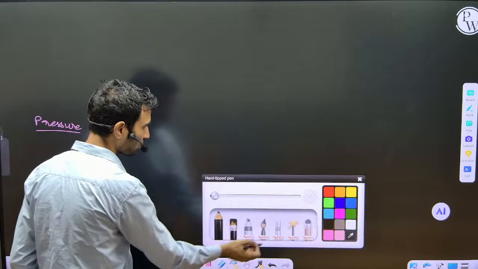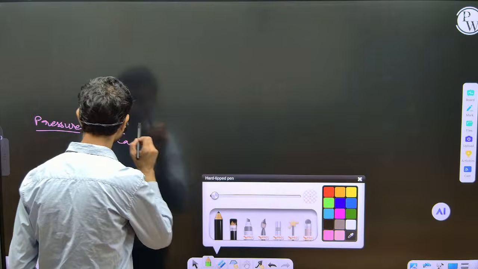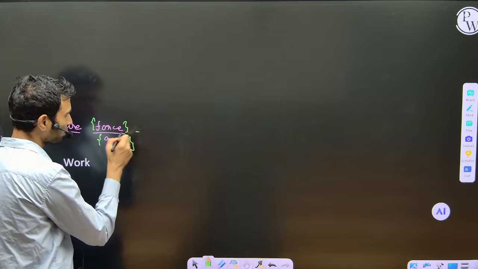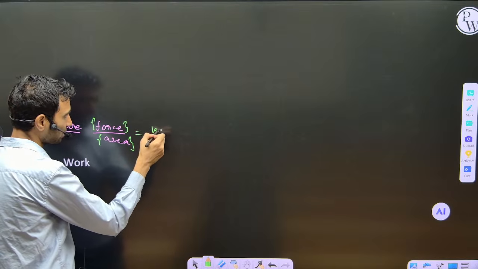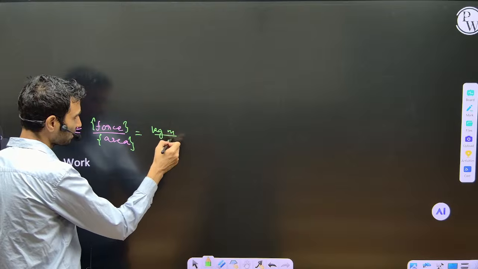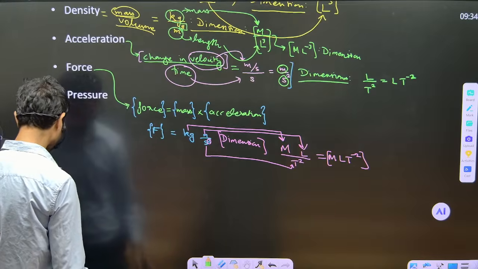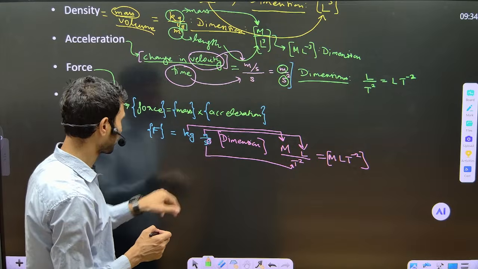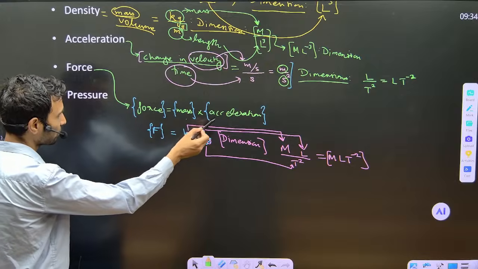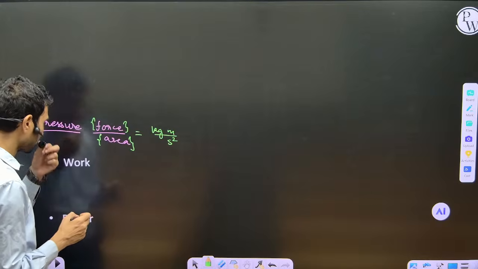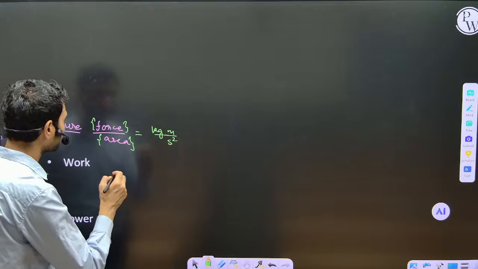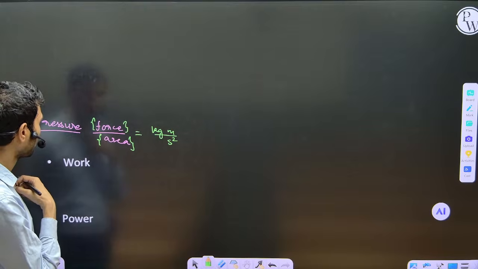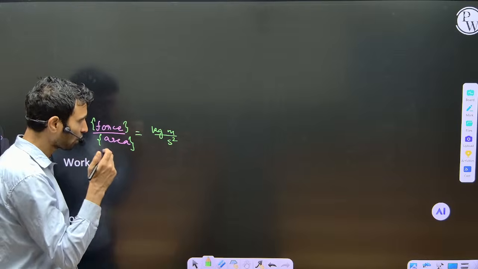And if you want to talk about the units, it will be force units divided by area units. And what is the force unit? We just saw kg meter per second square. In the last slide, if you remember, force was kg meter per second square because it is mass into acceleration. So kg meter per second square, that's the unit. How about the dimension?